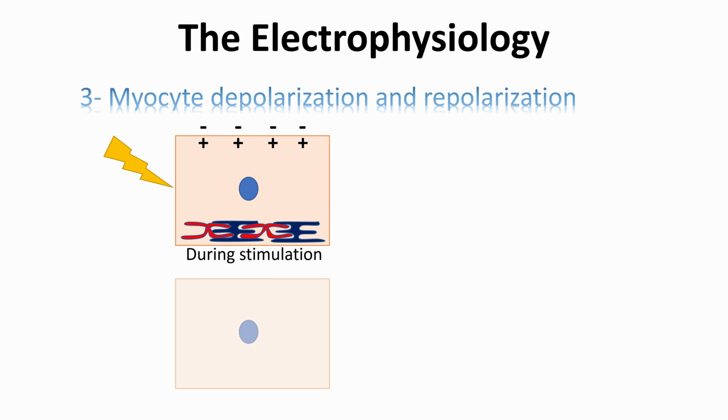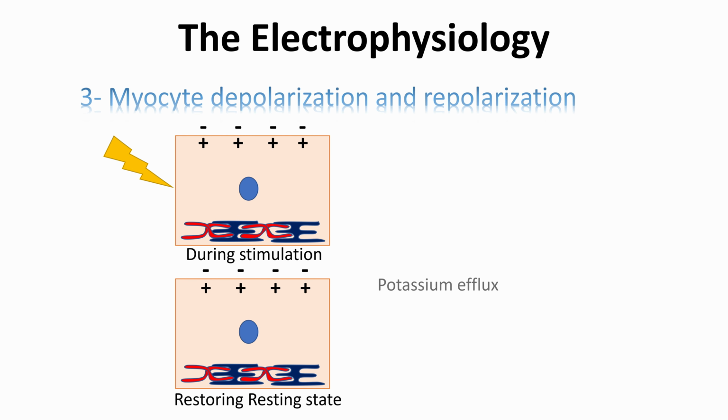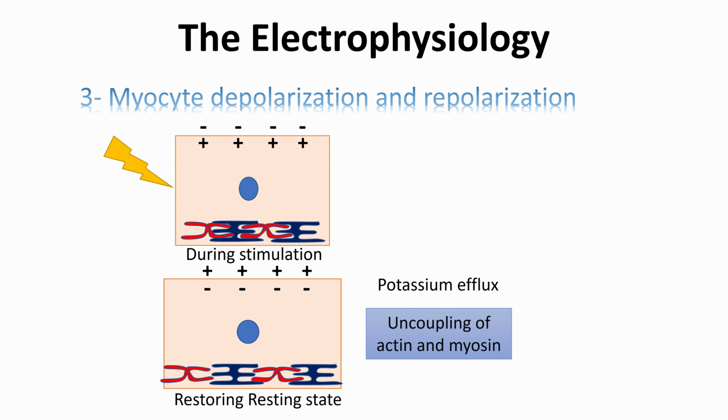Once the muscle contraction is completed, there is efflux of potassium ions in order to restore the resting state of the cell membrane. This results in uncoupling of actin and myosin filaments and muscle relaxation.